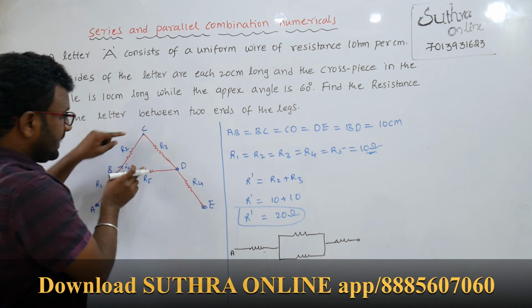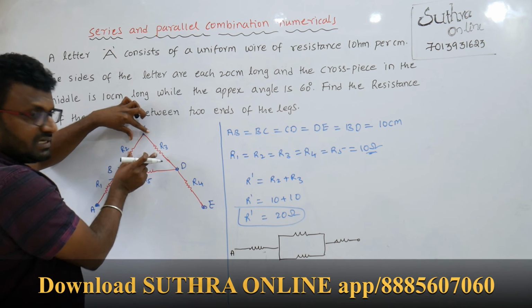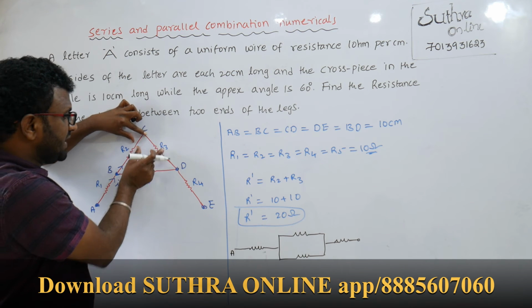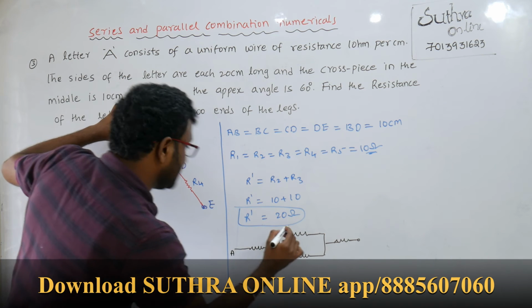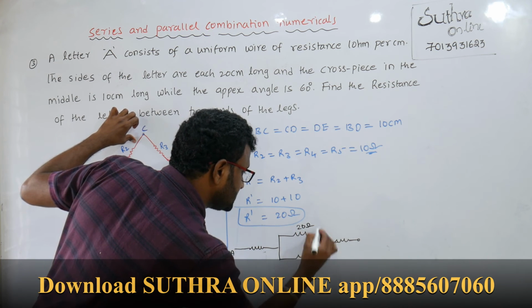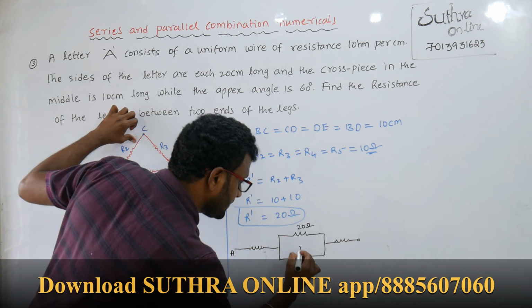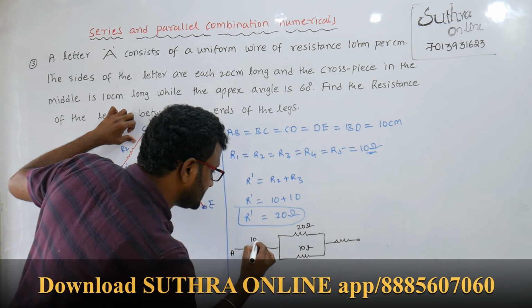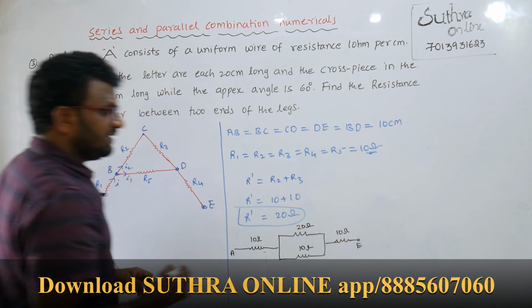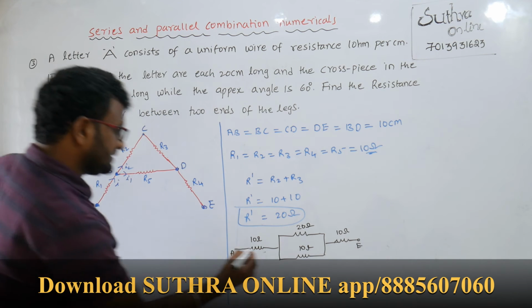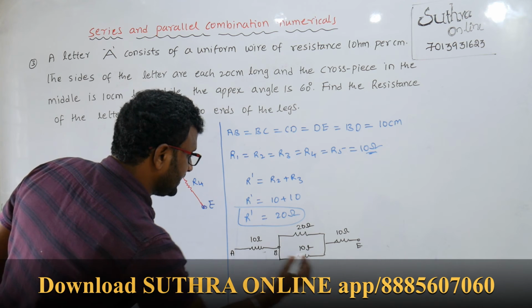These two are in series, and this effective resistance is parallel to this one. So here we have 20 ohms, this is 10 ohms, already this is 10 ohms, and this one also 10 ohms. This is the E, and this is nothing but B comma D.